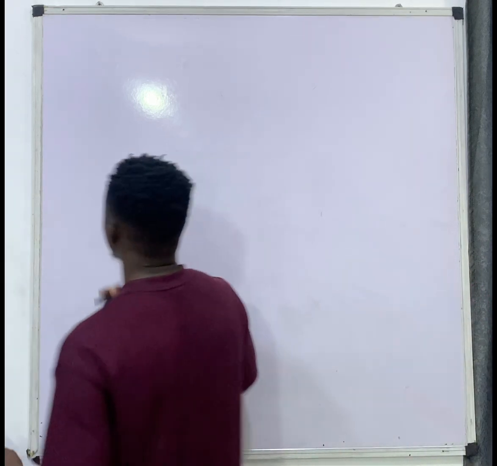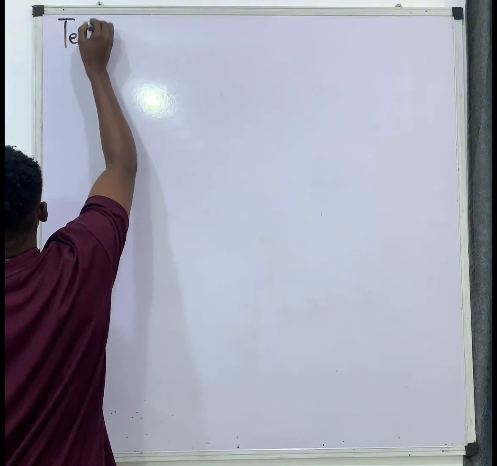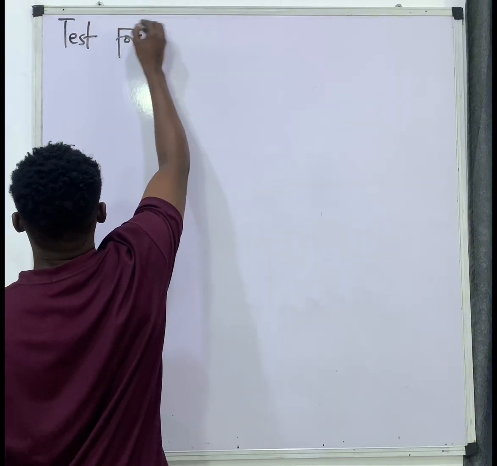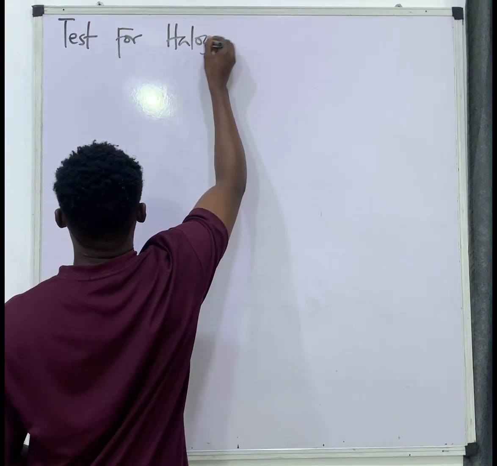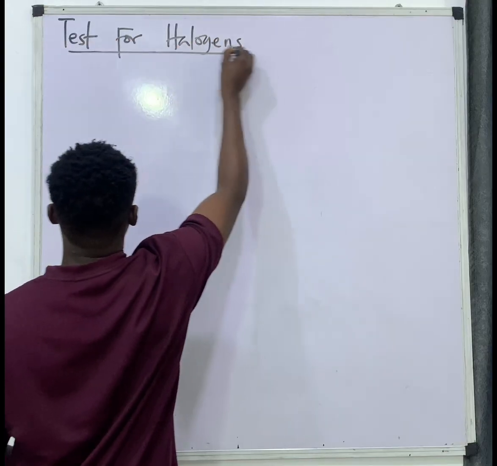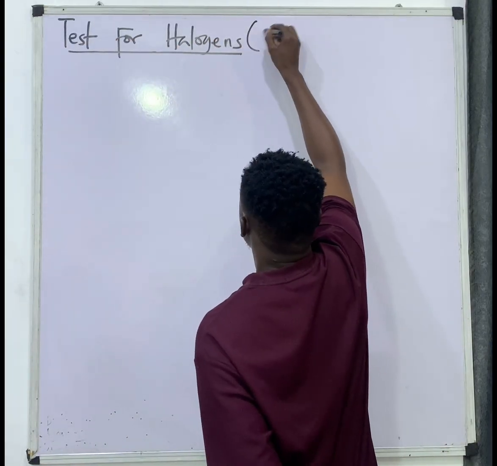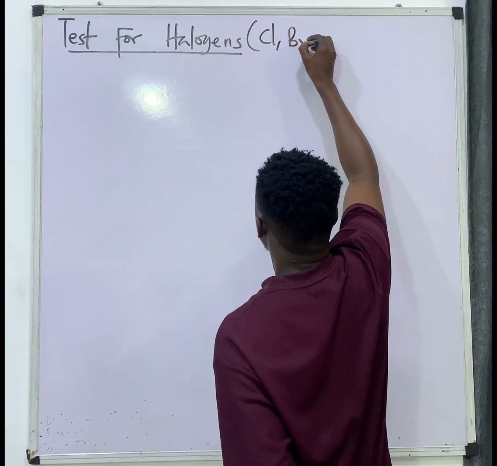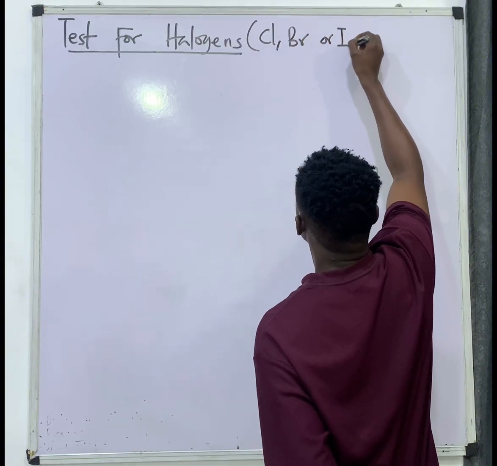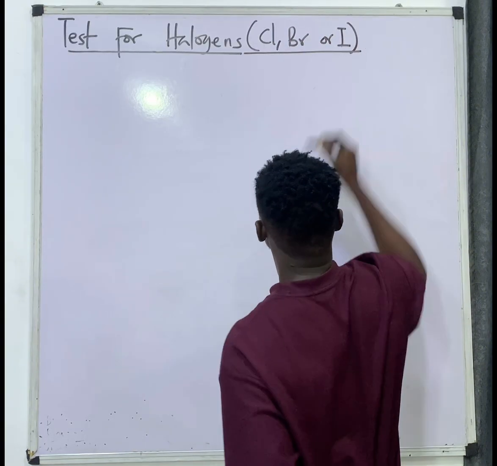So the first one we're going to be looking at is the test for halogens. Right, so we want to check if the halogen that is present is chlorine, bromine, or iodine.